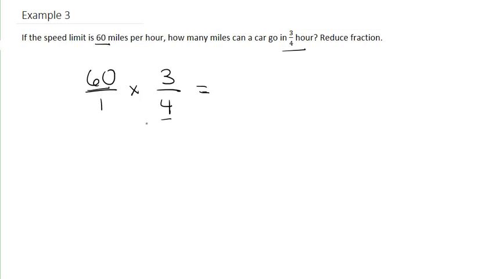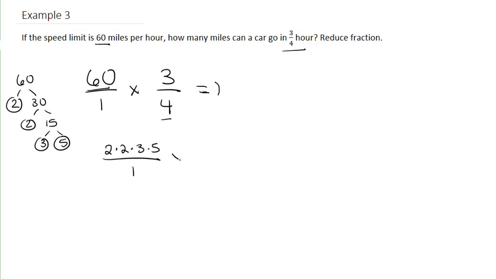So 60 can be broken down into 2 and 30, and 30 can be broken down into 2 and 15, and then 15 can be broken down into 3 and 5. So now we have 2 times 3 times 5 over 1 times 3, because that's already a prime number, and then 4 can be broken down into 2 times 2.